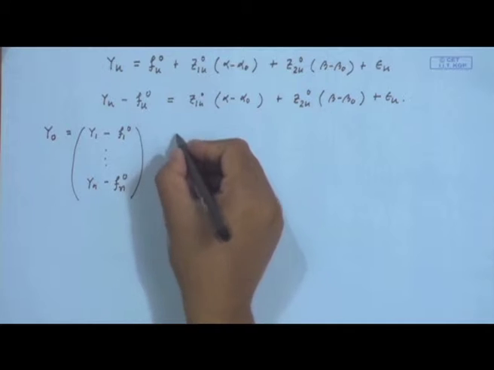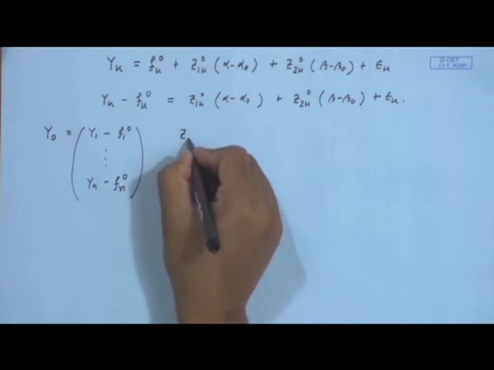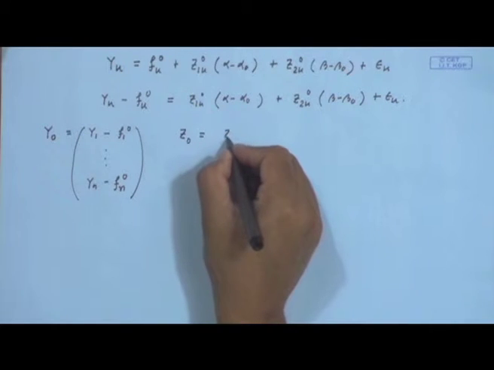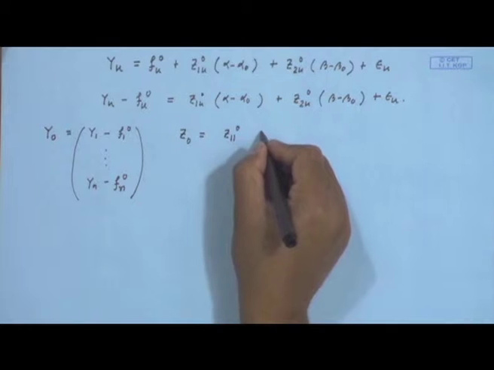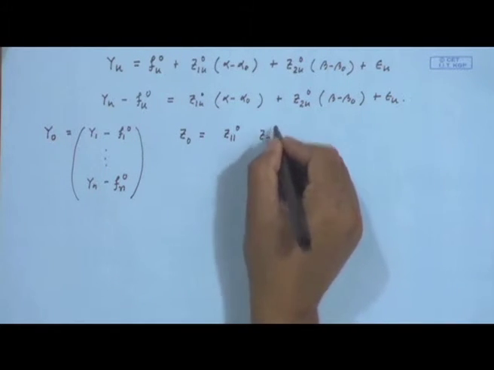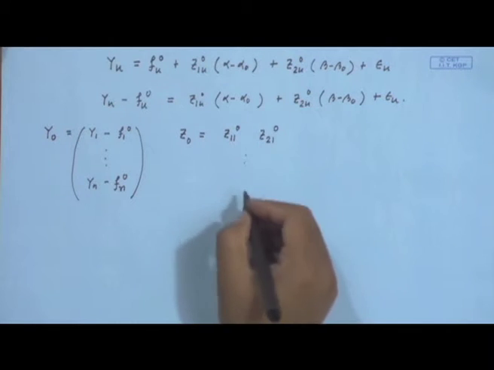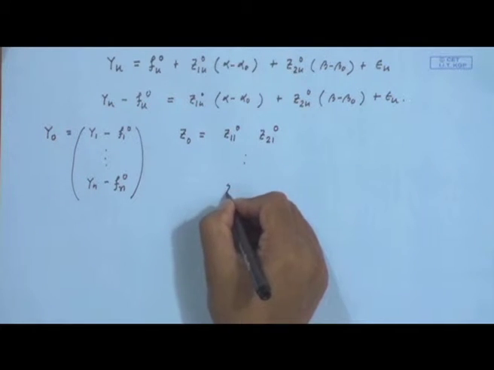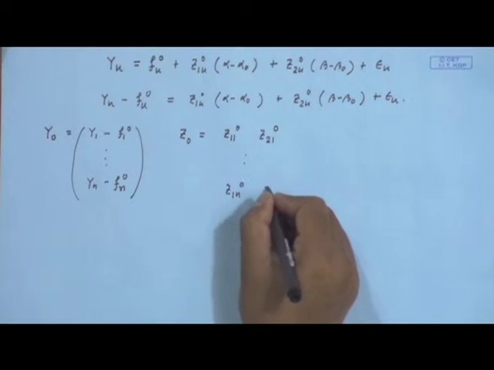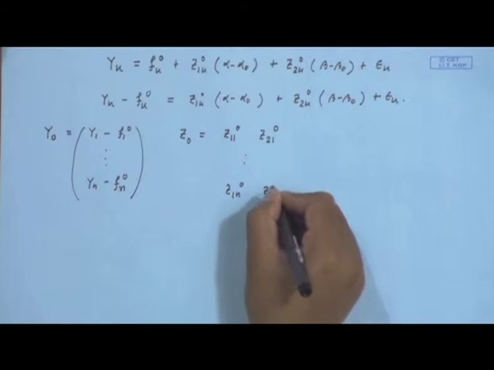And I will write my Z naught matrix as Z_11 naught, Z_21 naught for the first observation, and similarly Z_1n naught, Z_2n naught.